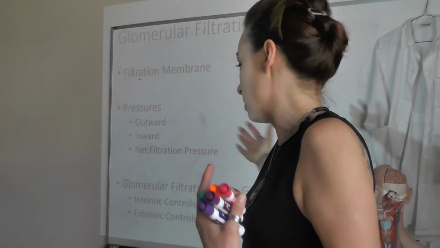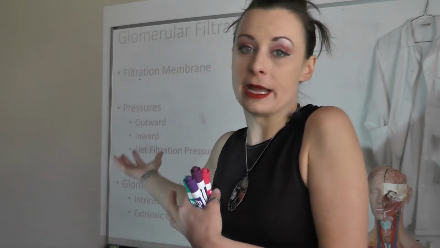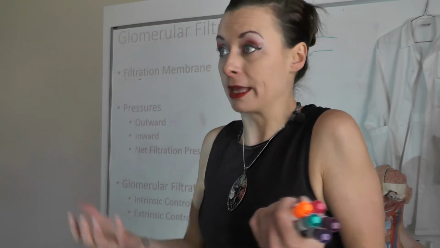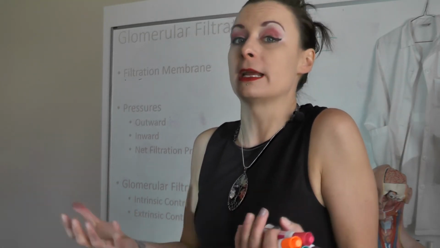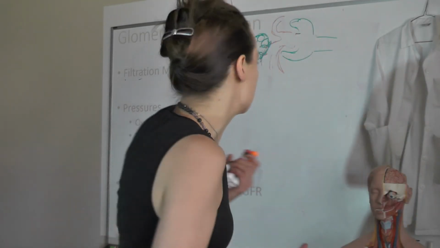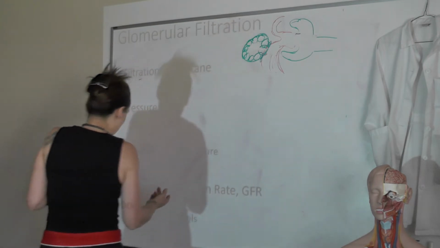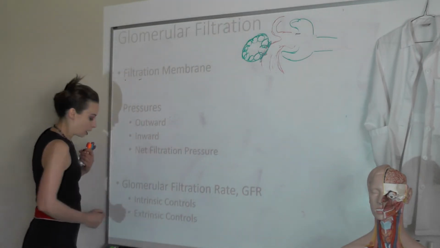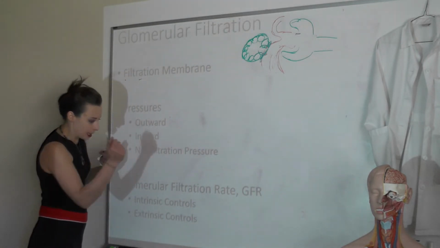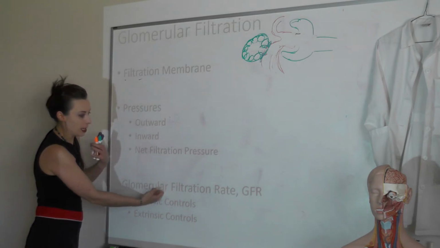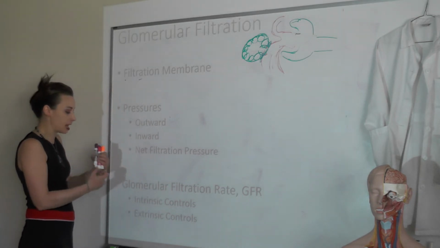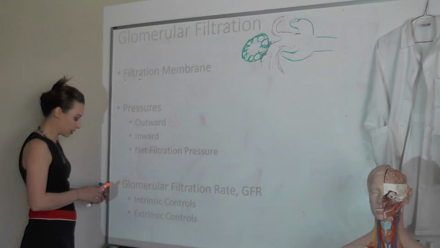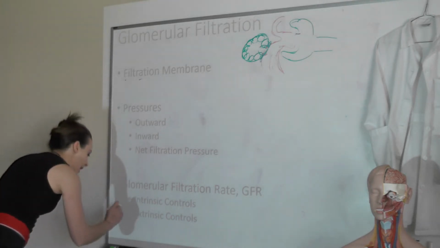Sometimes you have to override whatever the auto-regulation mechanisms want to do, to the detriment of the kidneys, so that we can maintain blood flow to our more vital organs. So extrinsic controls are going to kick in and alter glomerular filtration rate so that we can maintain systemic blood pressure.